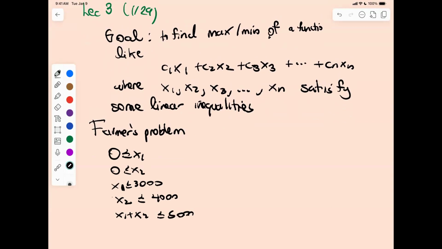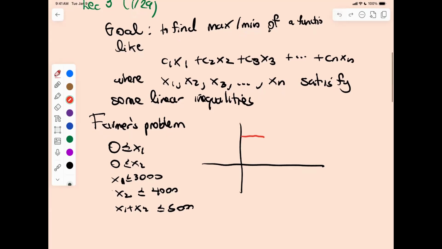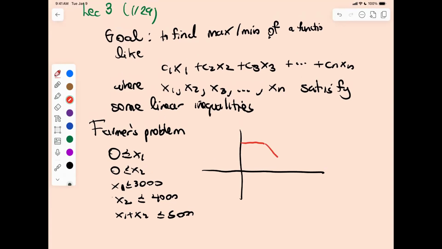So you have all these inequalities, and when you draw them on the plane, they have a particular shape that has many useful geometric properties. I think in the farmer's problem, it kind of looked like this.